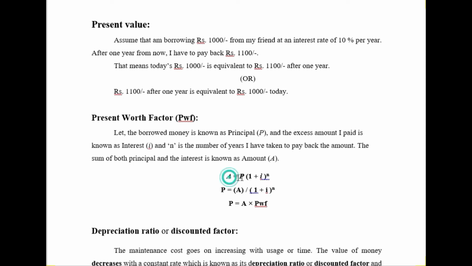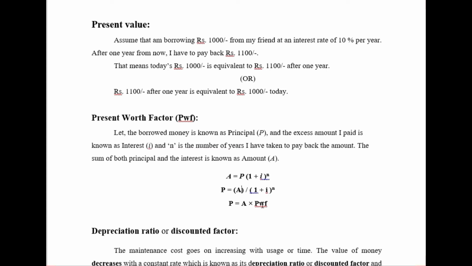Rearranging this equation, P equals A divided by (1 plus i) power n. In the second equation, keep A as it is, and the rest of the term, 1 by (1 plus i) power n, is the present worth factor. Based on this present worth factor, the final amount to be paid changes.